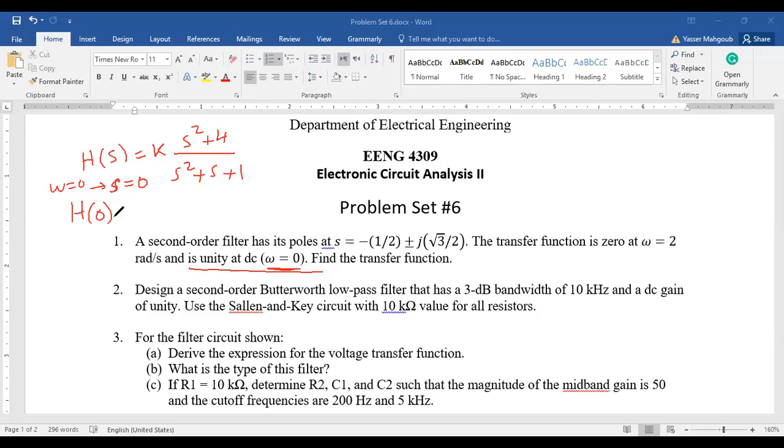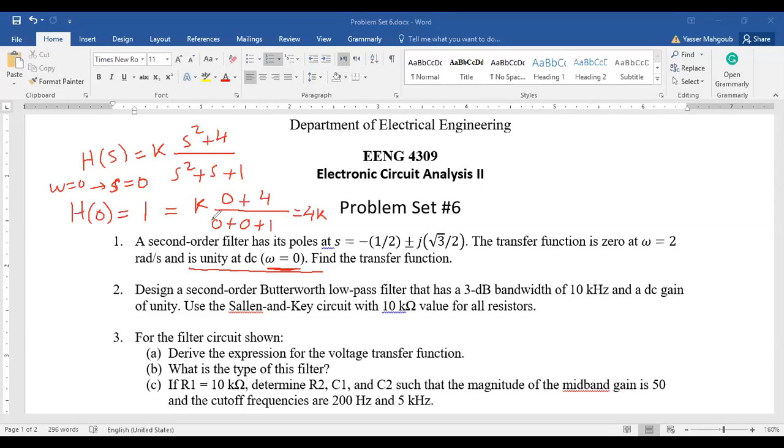So H of 0 equals how much? Equals 1, right? And this equals K, and we substitute S with 0. So this is 0 plus 4 divided by 0 plus 0 plus 1. So that means 4 over 1 times K, so this is 4K, right?